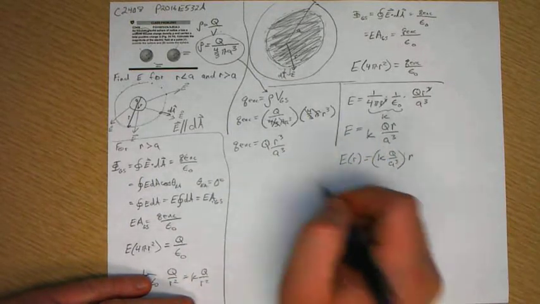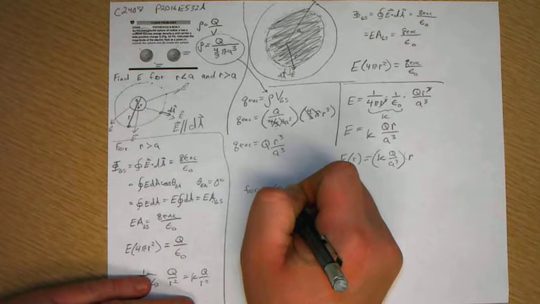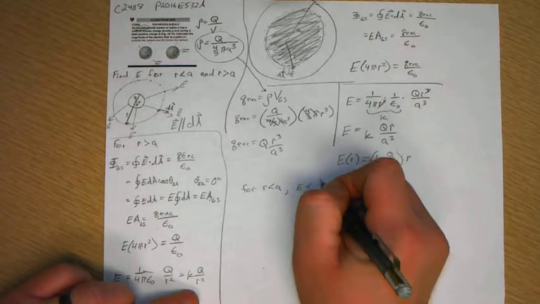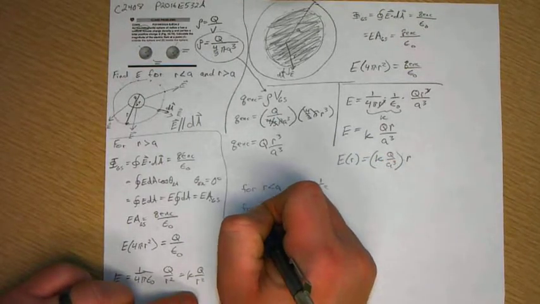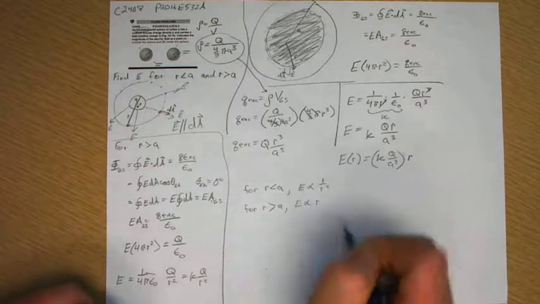So for radius greater than A, E is proportional to 1 over r squared, and for r less than A, E is proportional to r.